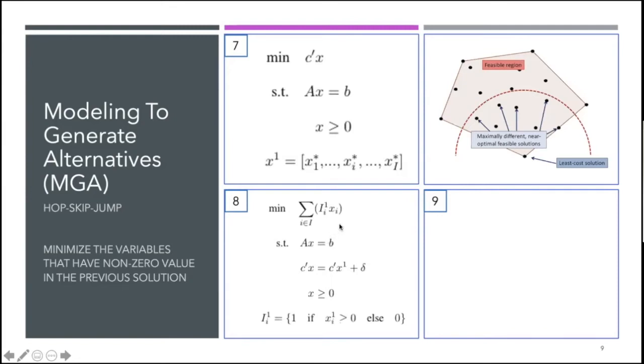So the idea behind this formulation is to get rid of or push away from the variables that have already appeared in the solution. So in the next iteration, if x1 takes a positive value in the first iteration, and x2 takes a positive value in the second iteration, then in the next iteration, we will minimize both x1 and x2.